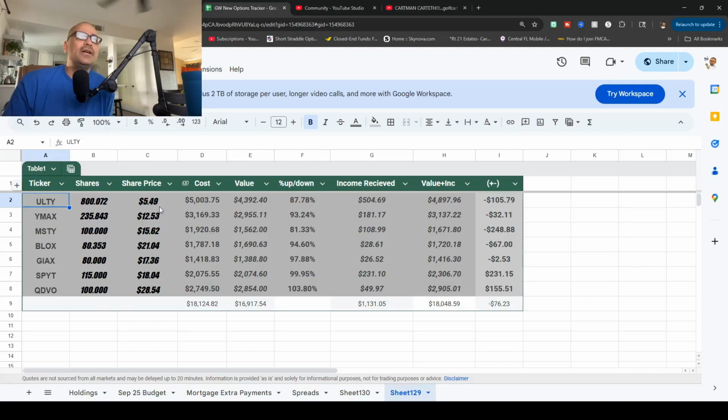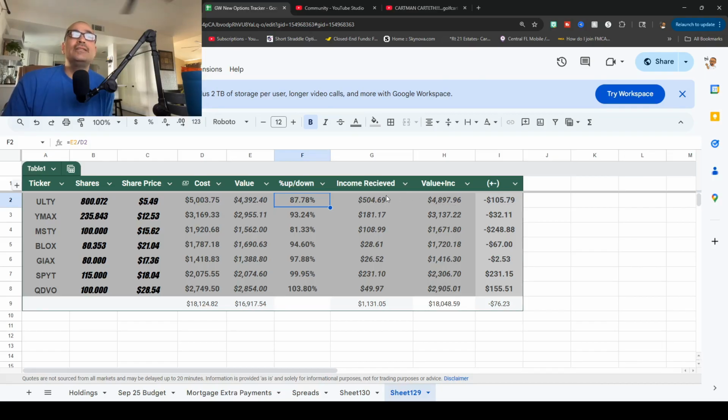Current share price is $5.49. Cost basis is $5,003.75. Its current value is $4,392.40. 100% would be flat, so it is down 12%. We received $504.69 in income.